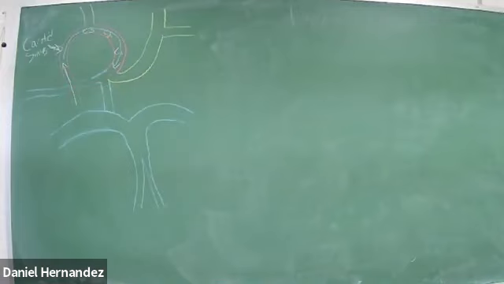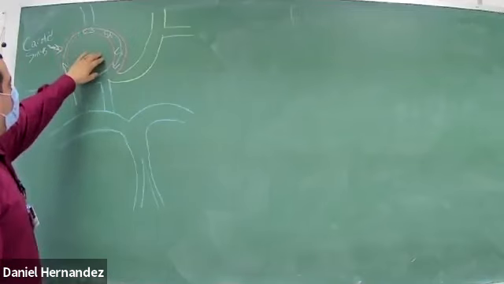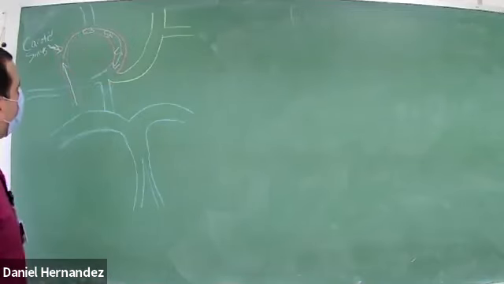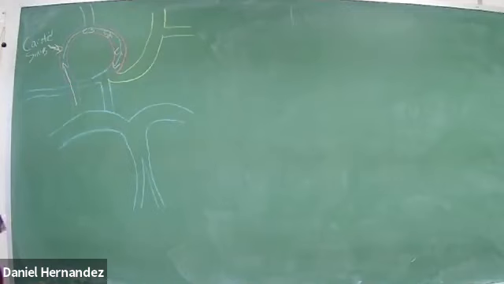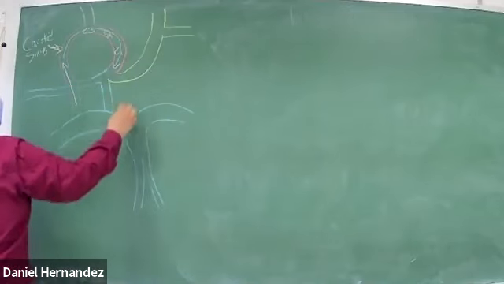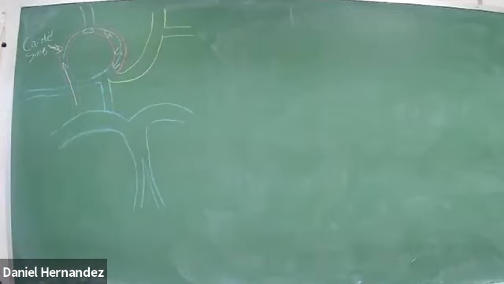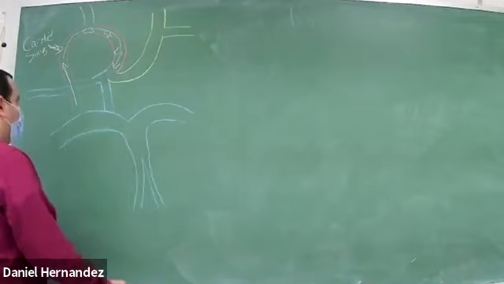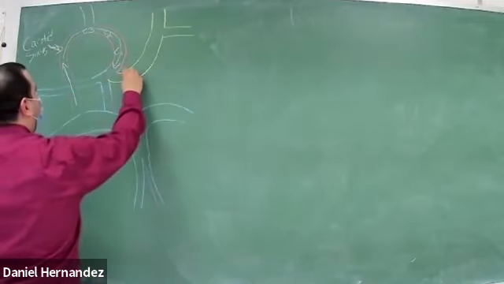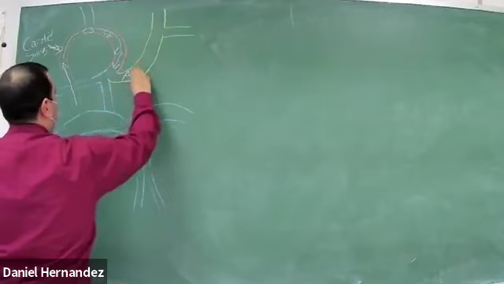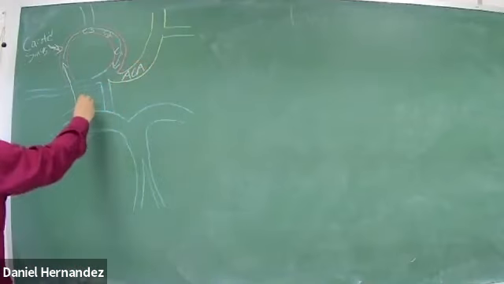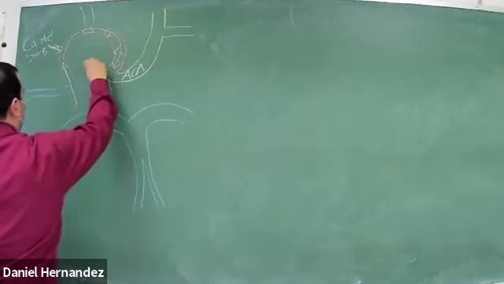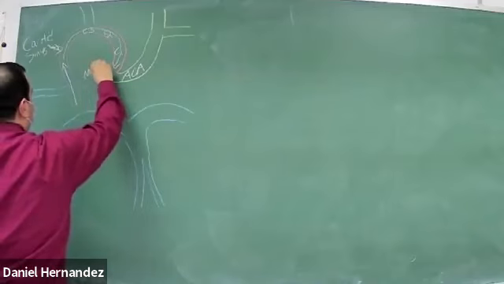So the common carotid, distal ICA. Our distal internal carotid artery then bifurcates or splits into our anterior cerebral artery, our ACA, and our middle cerebral artery, MCA.